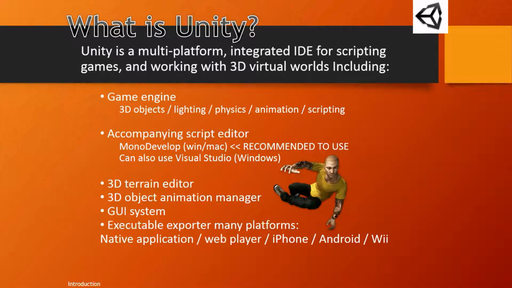Unity makes it easier to deliver the game for multiple platforms. That is one of the main advantages of the Unity platform. You can create one game and easily deploy it to multiple platforms.